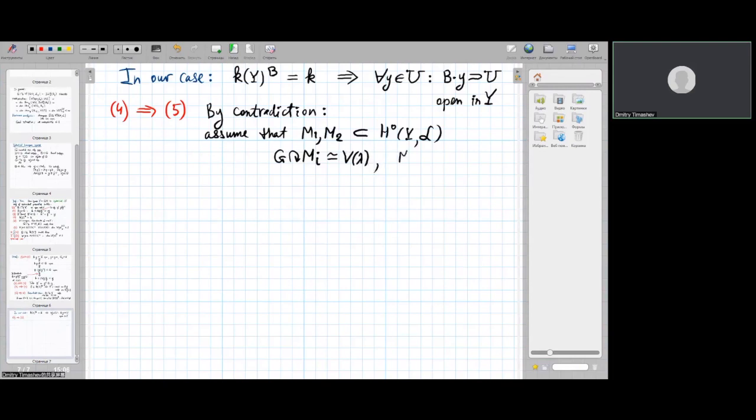And these subspaces, though they are isomorphic, do not coincide. They are different subspaces. So the multiplicity of this V of lambda in the space of sections is at least 2.